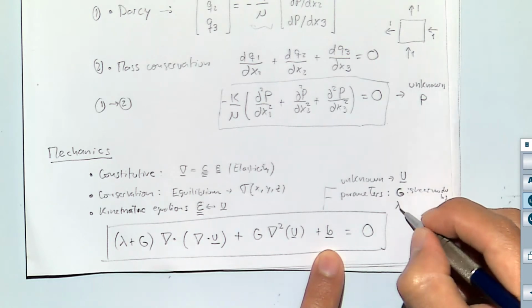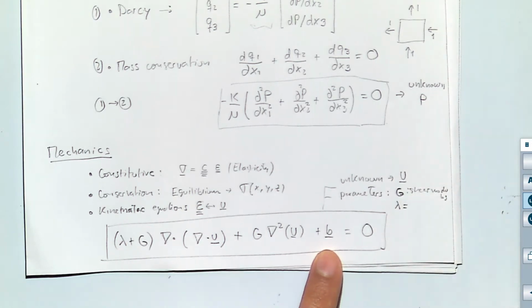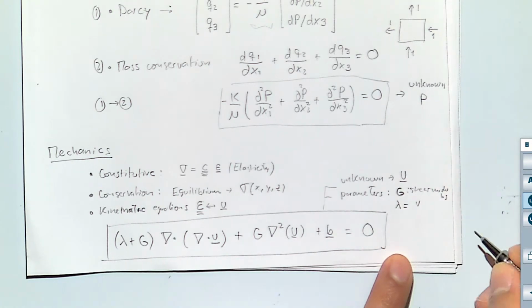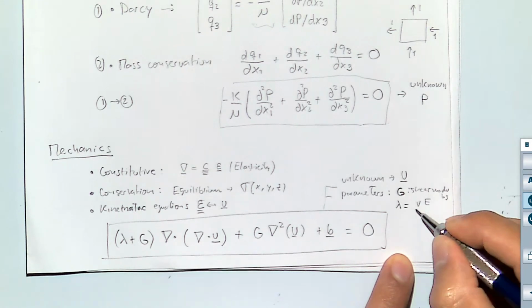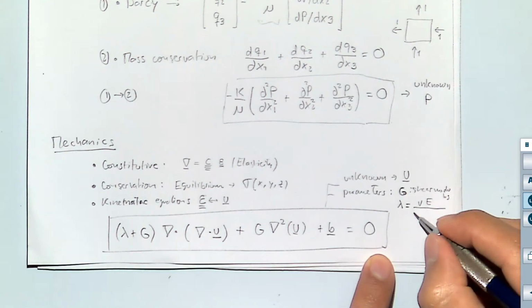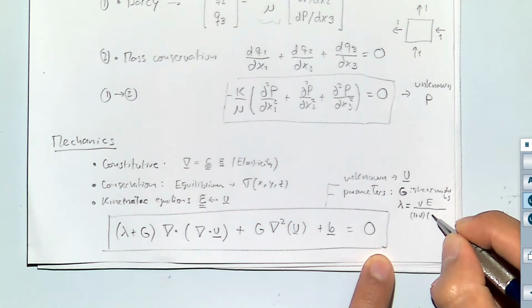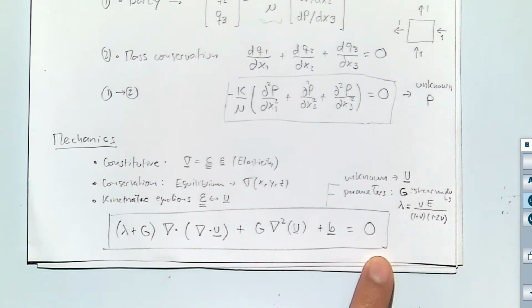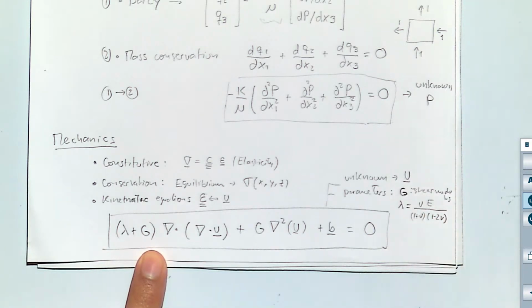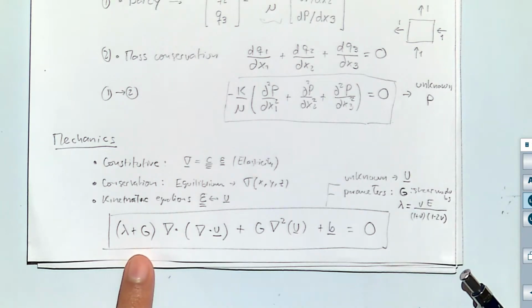And lambda is another type of elastic modulus, which is a function of Poisson ratio and Young modulus. If I remember correctly, it's written like this. Let me check. Yes, that's correct. So lambda and G are just parameters that depend on the elastic moduli.